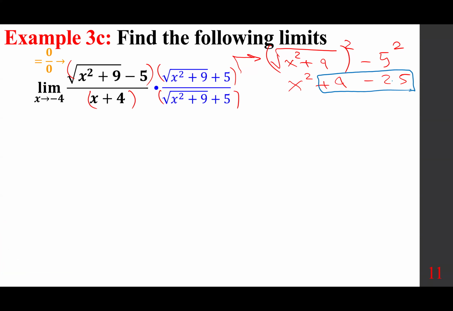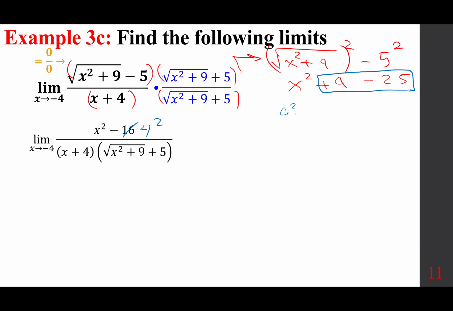We can combine these two numbers into negative 16. Notice we haven't touched the denominator, and we can replace the 16 with 4 squared. So we are looking at a squared minus b squared, which is a minus b, a plus b. So the numerator is x minus 4, x plus 4.